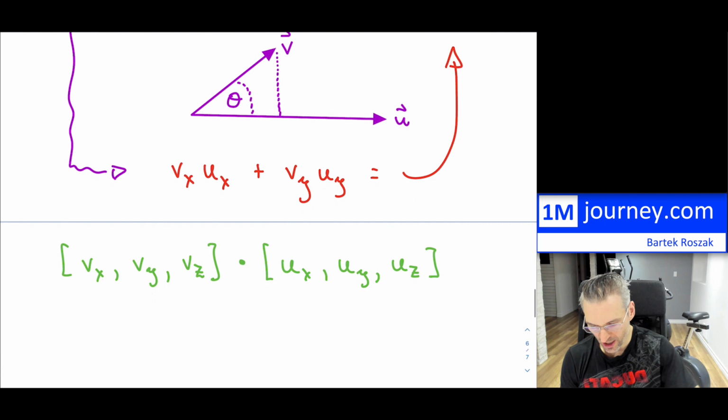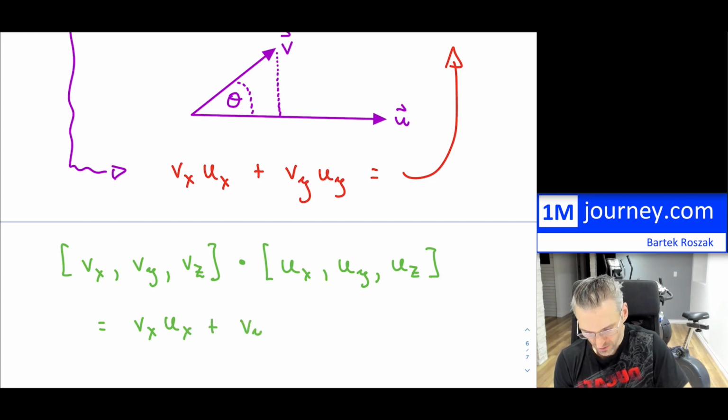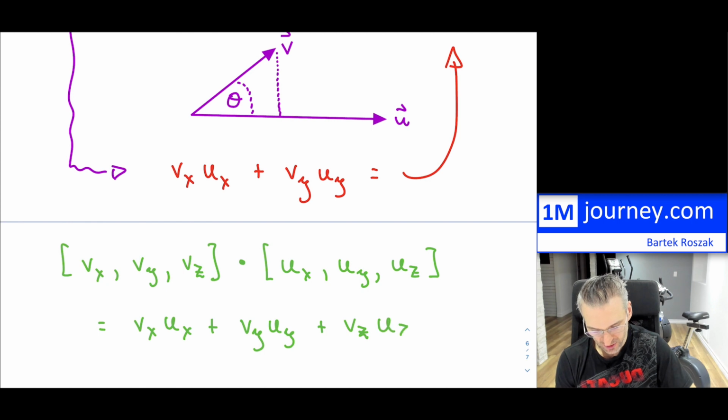So finding the dot product is nothing extraordinary. It's going to be Vx multiplied by Ux plus Vy multiplied by Uy, which is the same as 2D, plus now your 3rd component, which is Vz multiplied by Uz. And there is your dot product.